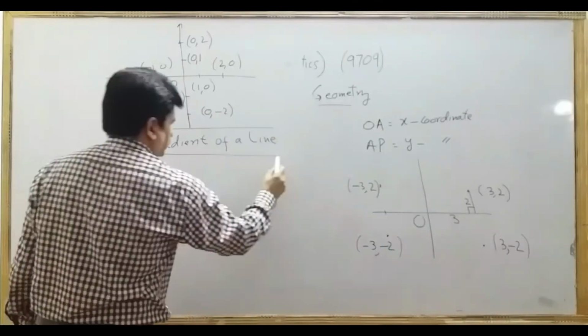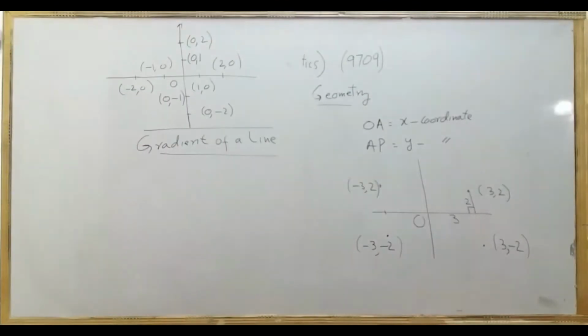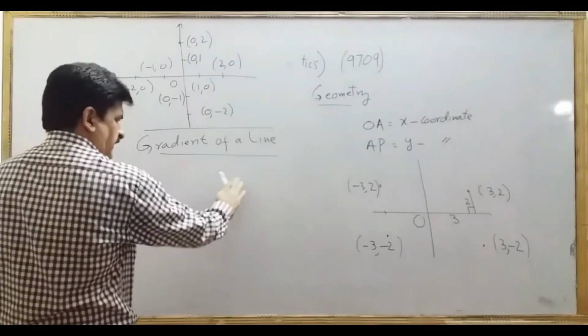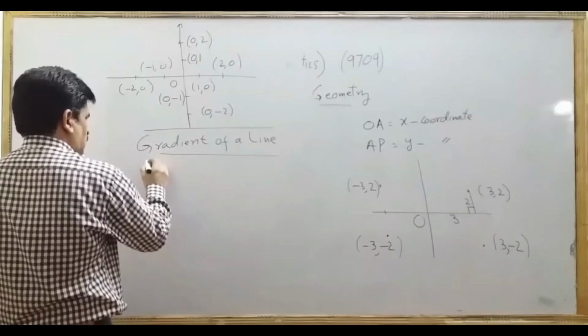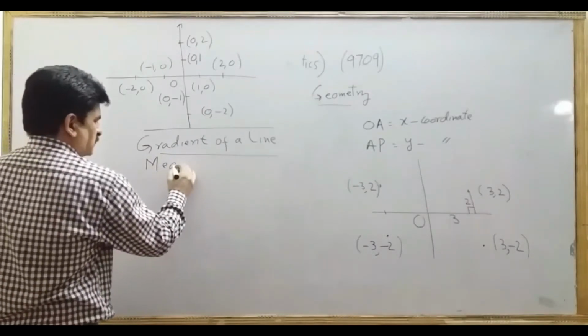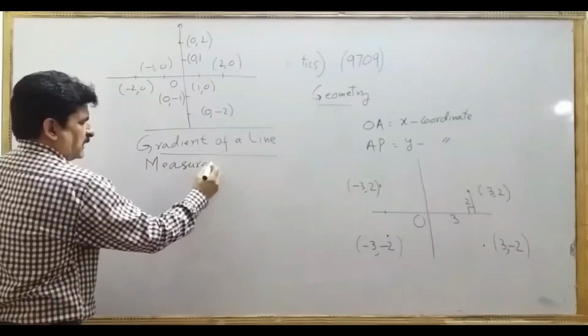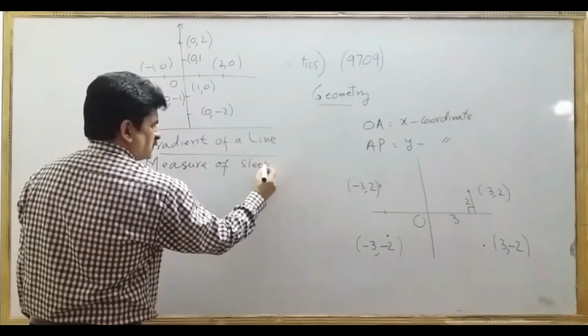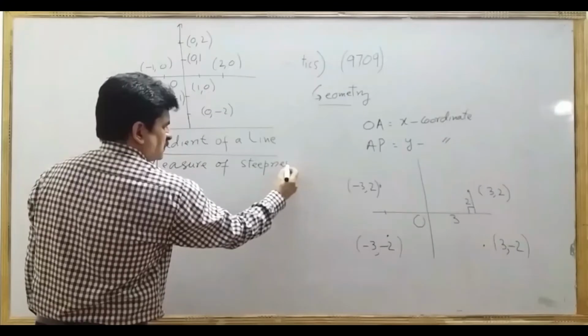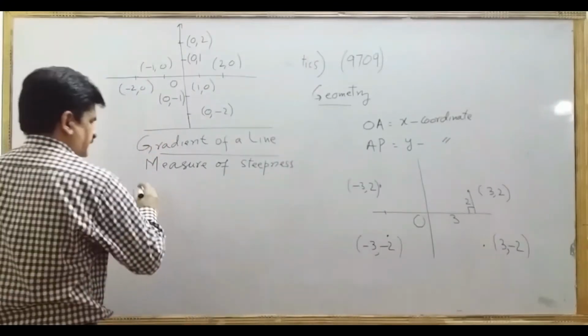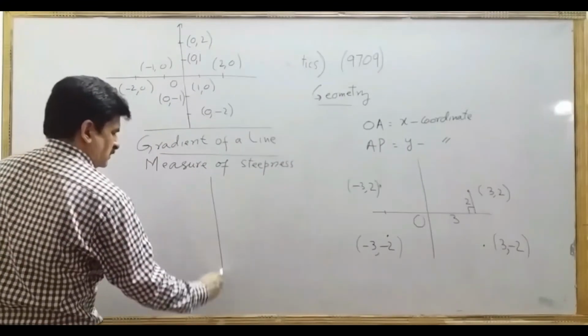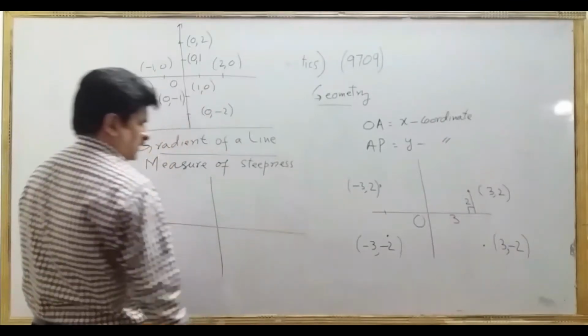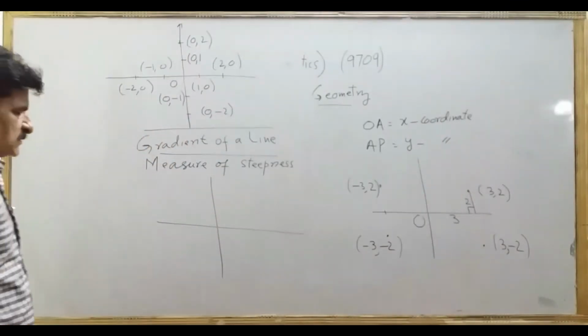Gradient of a line, very important concept in this chapter. It is a measure of steepness of a line. Now again we have x-axis, y-axis.